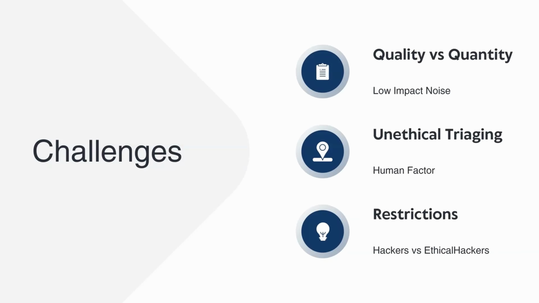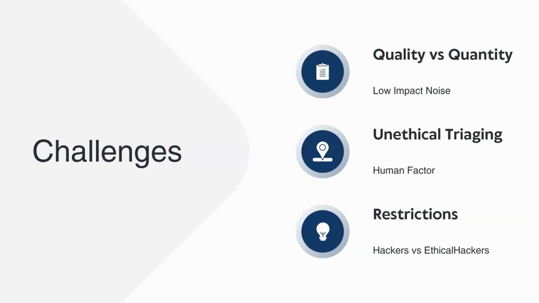There are possibilities of the same vulnerability being reported by multiple researchers, which will increase the noise. Also, there are cases where some researchers have made submissions which are not vulnerabilities at all, they are false positives. All these things increase the noise and create challenges for the triage team.